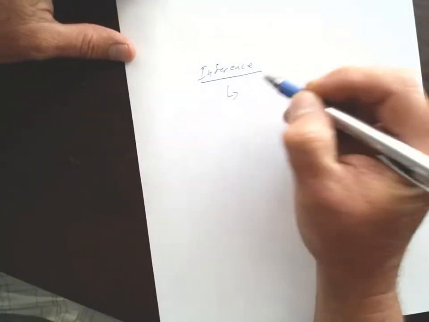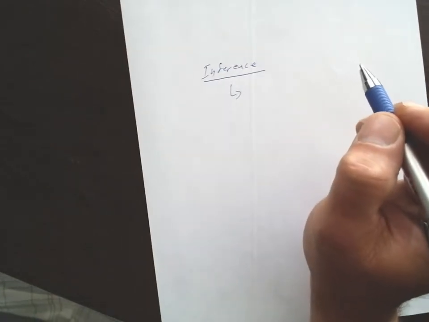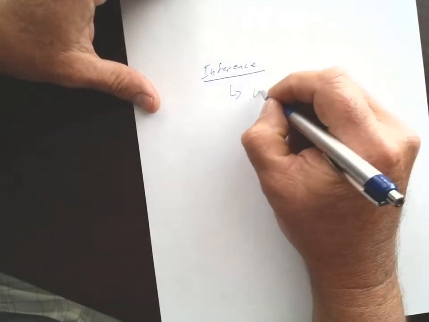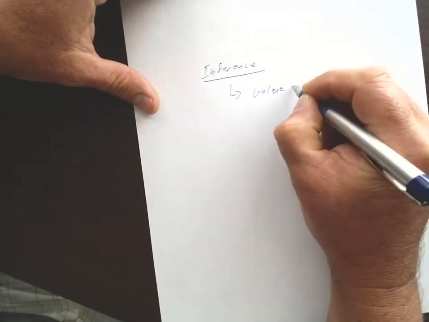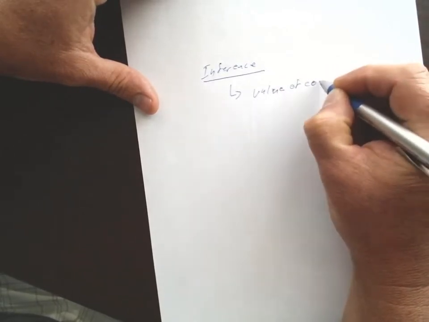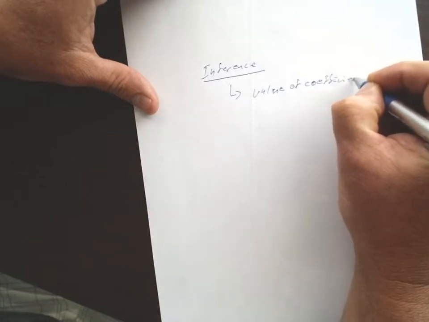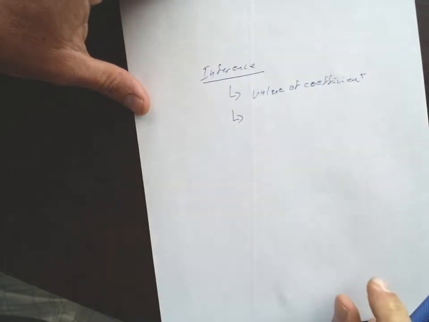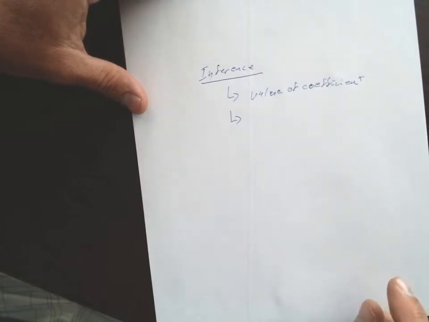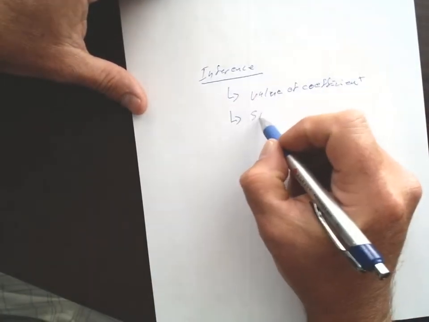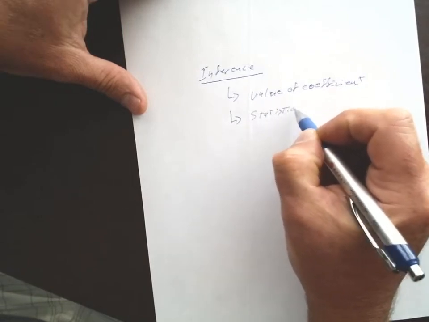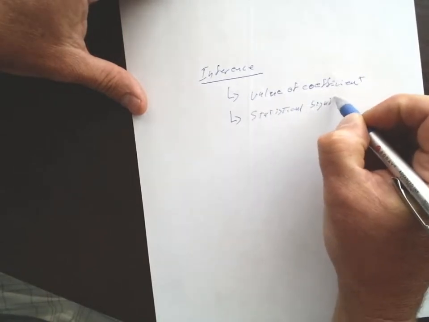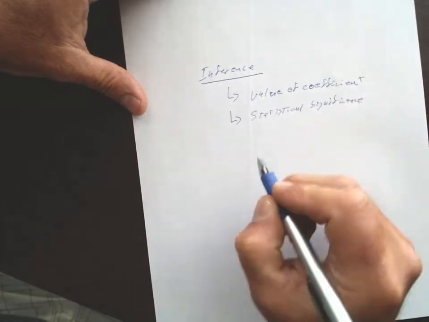So even though we've covered one level of inference, and that one level of inference is the value of the coefficient, the final level of inference, or in many cases the most important level of inference, is the statistical significance of that coefficient.